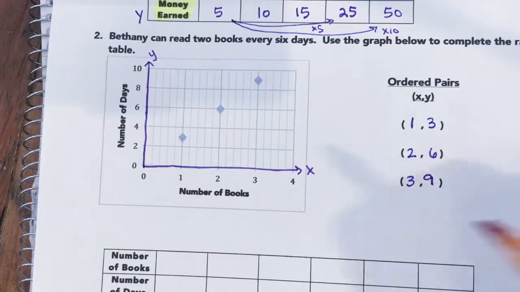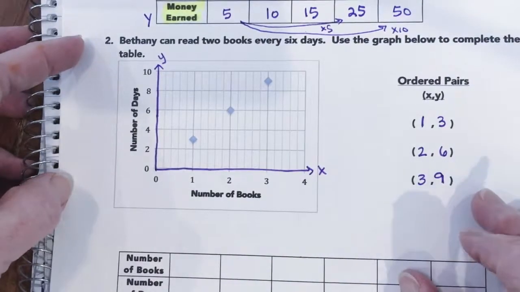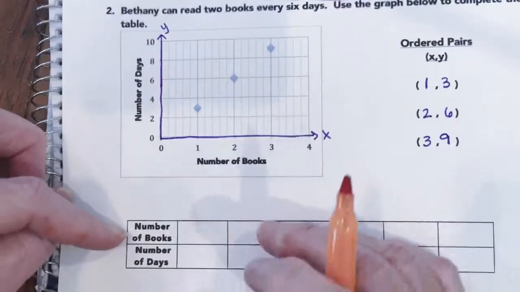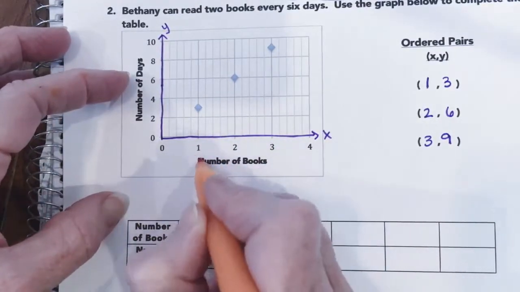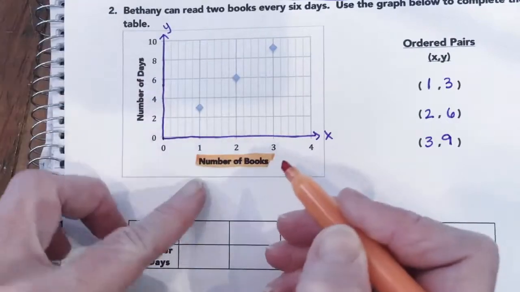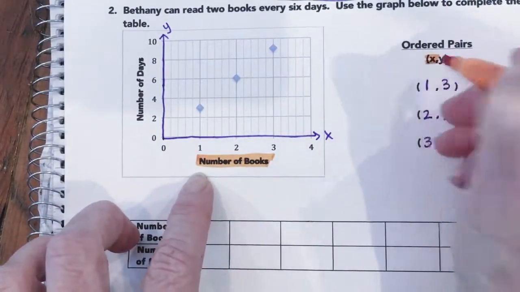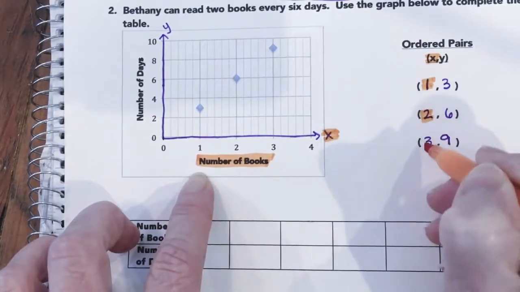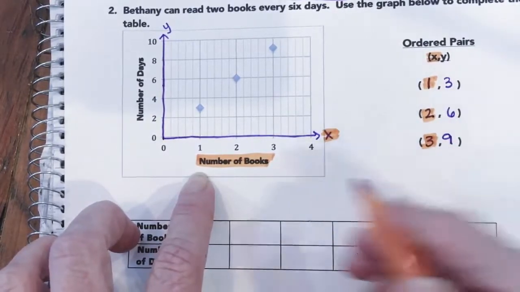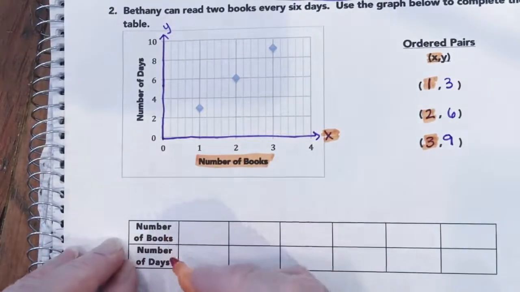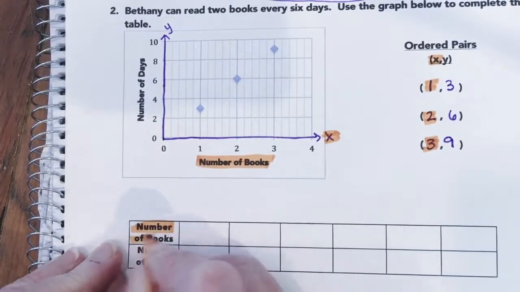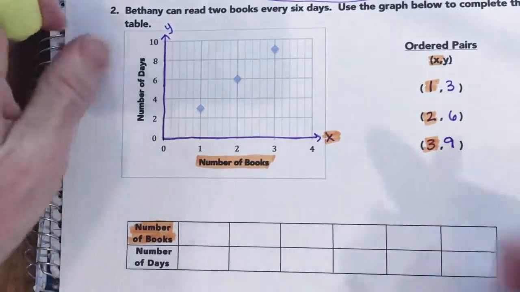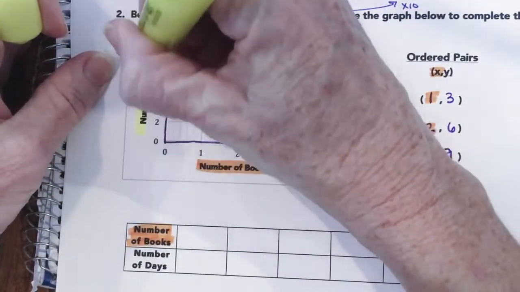All right, so again, I want to make sure my x value and what was listed on my graph also match what's in my table. So I'm just going to highlight just to make that really obvious. The number of books was my x coordinate here, my x axis here, and I used 1, 2, and 3 as those values. So on my table, number of books would be at the top here. For my y values on the graph, this was labeled as the number of days.